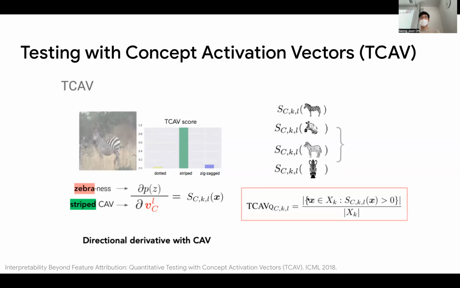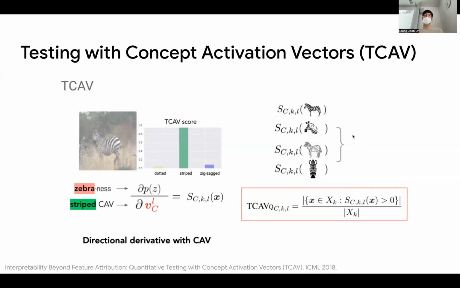I hope it's clear. And what they also measure on top of that is they compute whether this contribution is positive for all the instances in the data set for zebra.